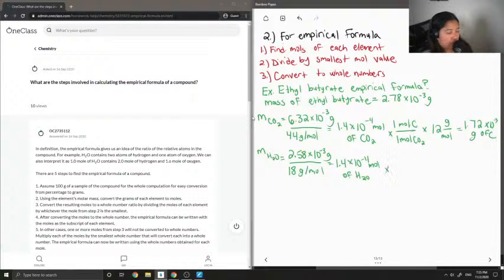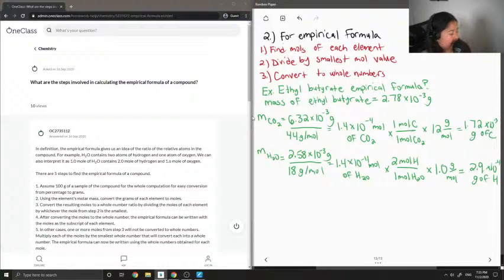To find the moles of hydrogen, there are 2 moles of hydrogen in every 1 mole of water. Then to find the mass of hydrogen, I'm going to multiply by hydrogen's molar mass, and I get 2.9 times 10 to the negative 4 grams of hydrogen.